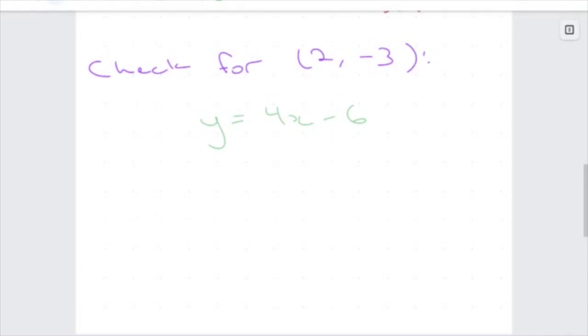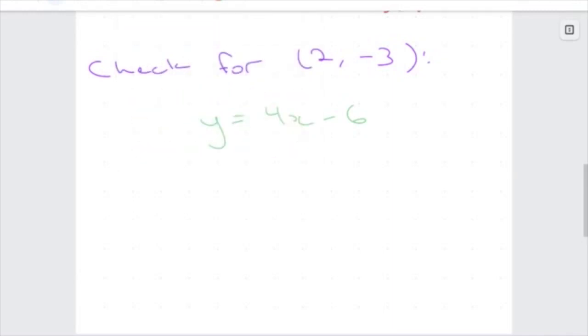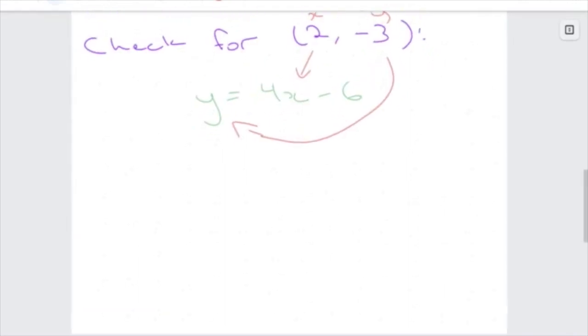So hopefully we can get a better flow going for some of these ideas. But once again, I'm checking this point lies on the line. So I have a point x, I have a point y. So I can substitute that into there. And if my left-hand side equals my right-hand side, my point lies on the line. I can make that claim.